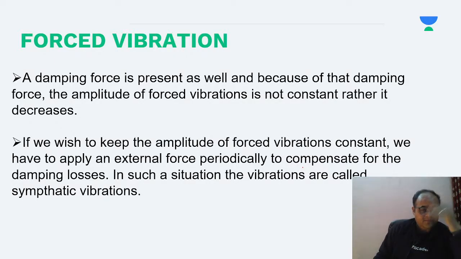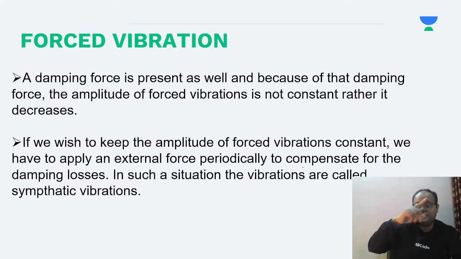Now, in forced vibrations, there is a resistive force as well, so the amplitude of the vibration should decrease. If we want to make sure that the amplitude does not change, what we have to do is apply an external periodic force.